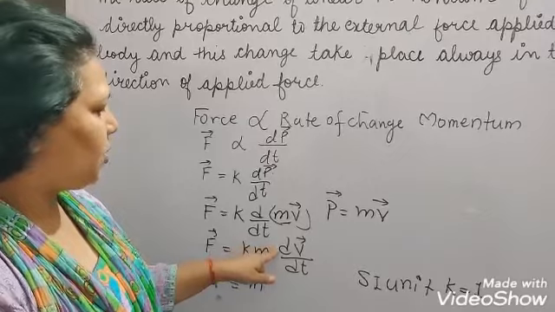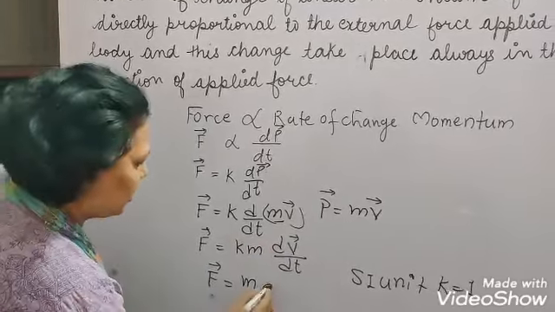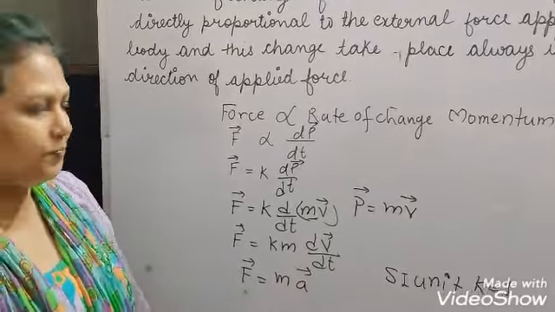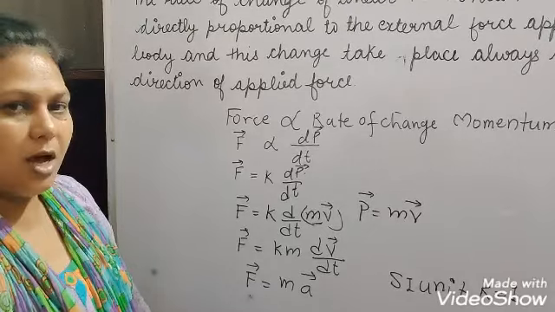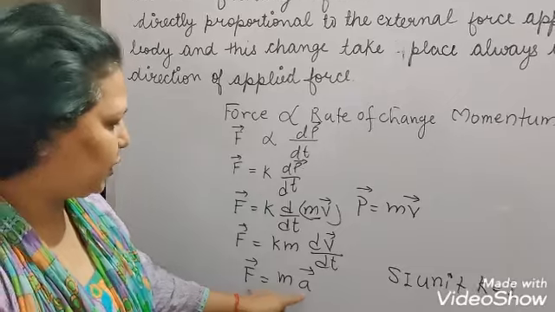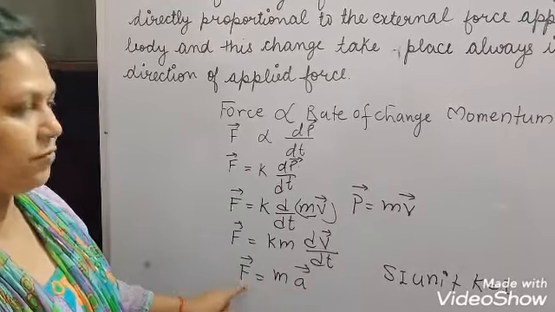So in place of dv upon dt, we can write the acceleration. So F is equal to ma. Again we can say, wherever the force is directed, the acceleration will be working in the direction of the force.